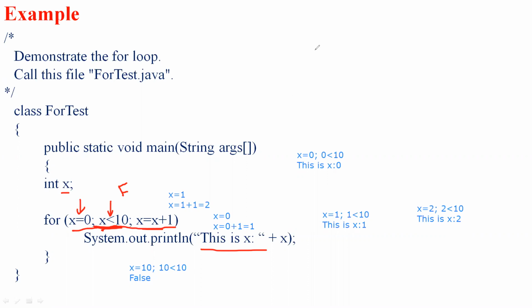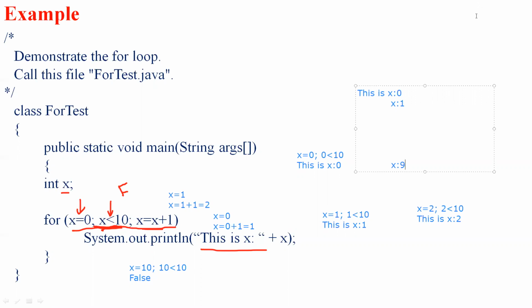So the output of this program is "this is x" with 0, then likewise for x equals 1, and so on up to 9. The condition becomes false when x is equal to 10, so it returns values only up to x equals 9.